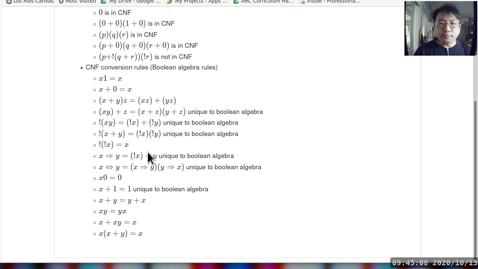Okay, so both of these are unique to Boolean algebra. And this one is also unique to Boolean algebra.